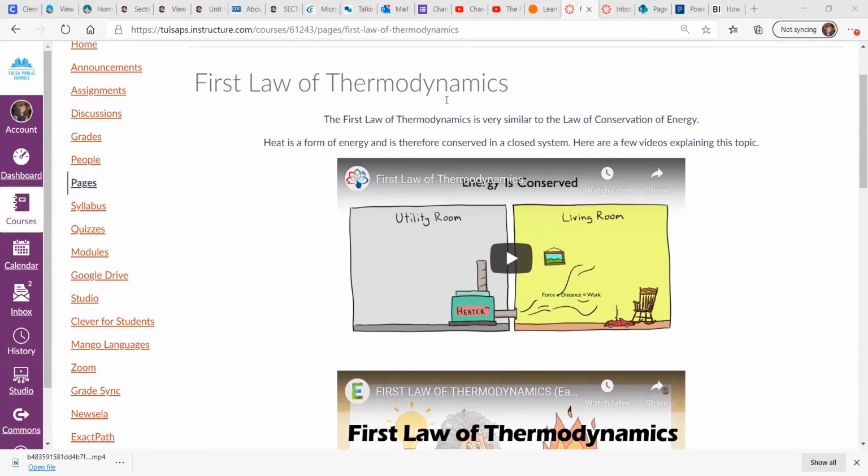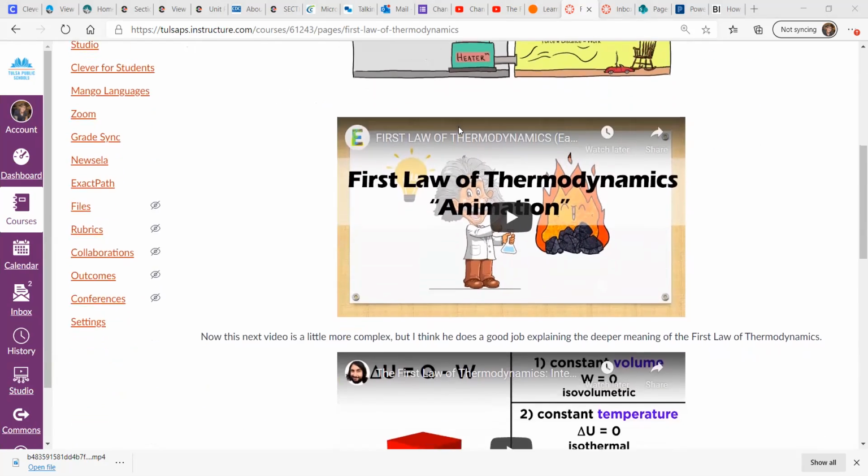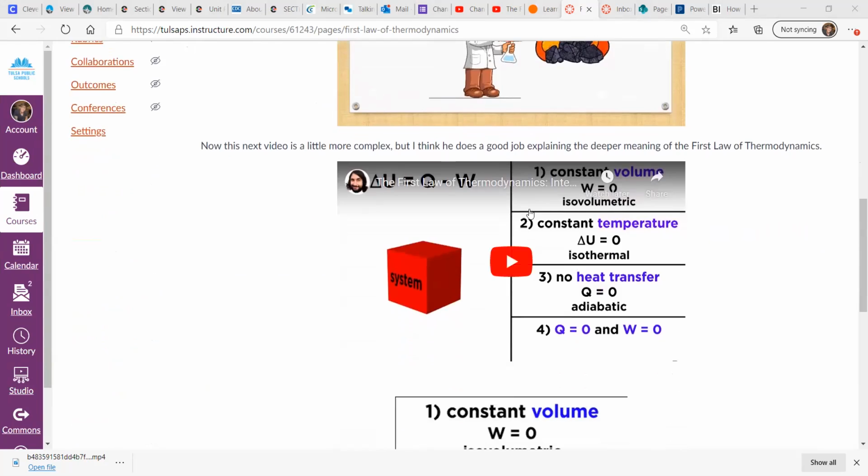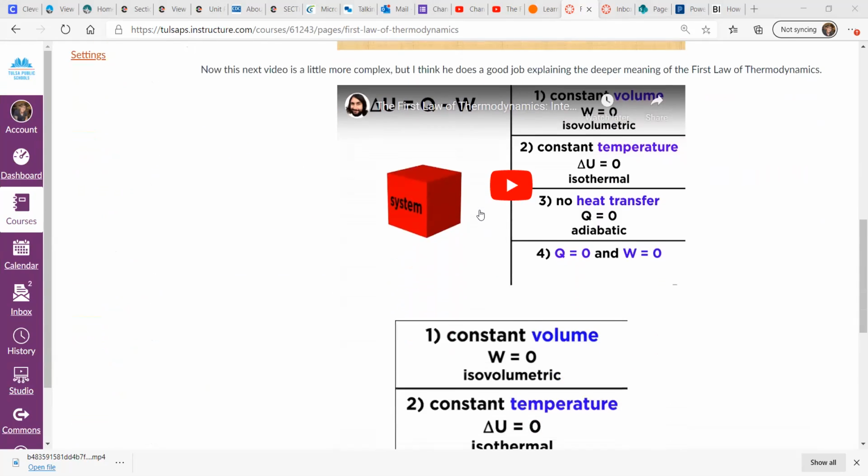But here are a few videos explaining that heat is a form of energy, and therefore, like other forms of energy, it is conserved. And this video is a bit more complex and shows you how we can use an equation to explain how much heat is entering the system or leaving the system.